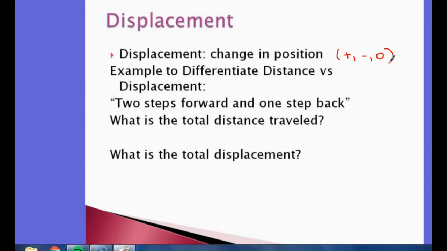Even if you start at the school, go to work, and then come back to the school, you used gas. You drove a distance, even though your displacement would be nothing, because it started and ended in the same spot. So the total distance traveled in the 2 steps forward, 1 step back would be 3, but your displacement would be a positive 1.